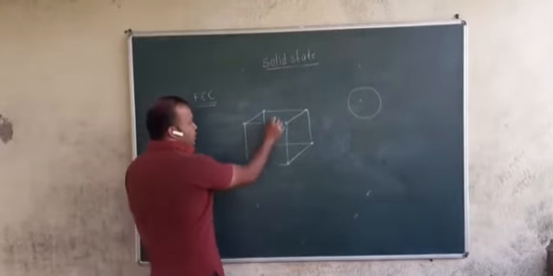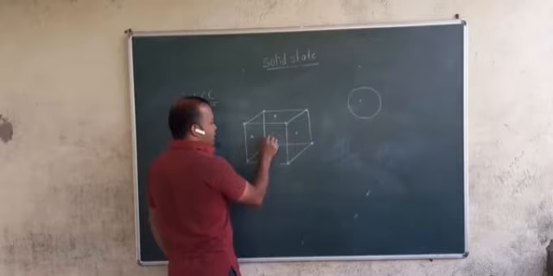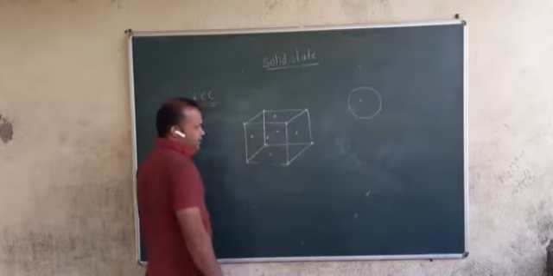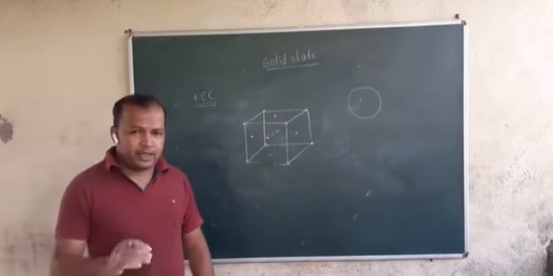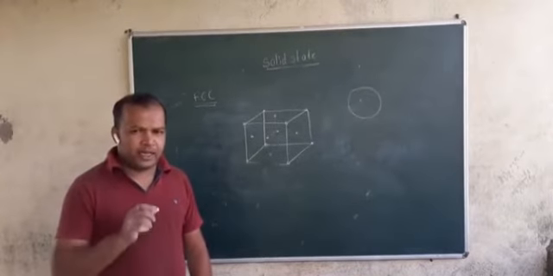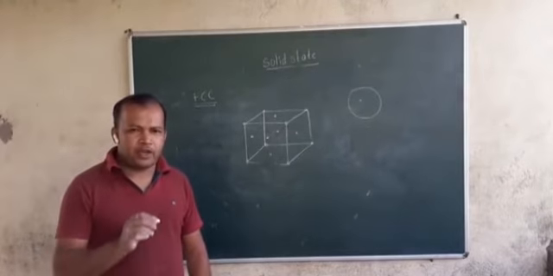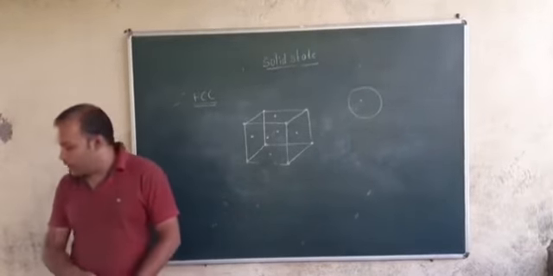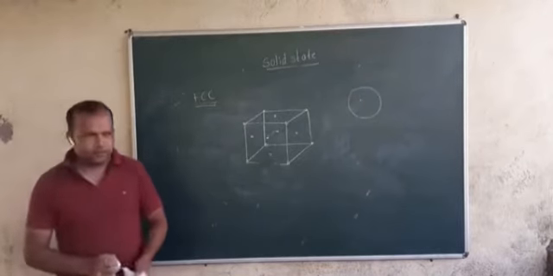So this is the upper face, down, this third, fourth, this is front, fifth, and this is back, 6. So when 8 constituent particles are at 8 corners and 6 at 6 faces, we'll say it as FCC. FCC means face center cubic crystal. Yes students, face center cubic crystal.